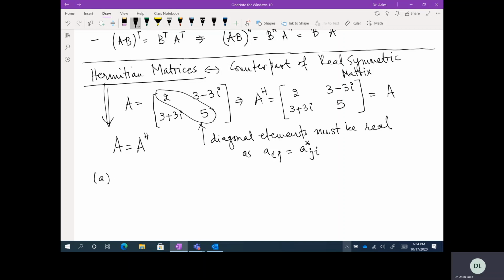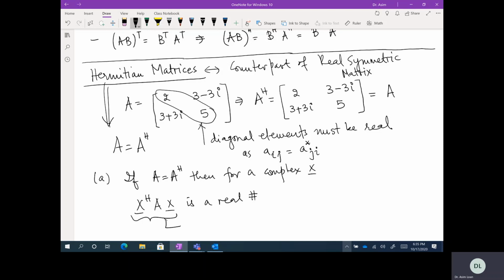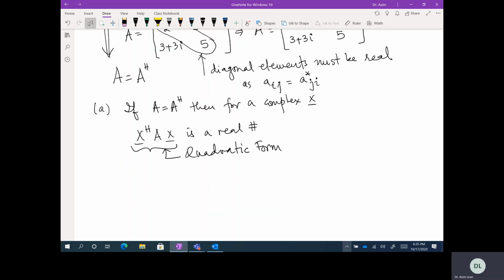So what are the properties here? If A equals A Hermitian, then for a complex vector x, x^H A x is a real number. This, by the way, is called the quadratic form. You can learn more about quadratic forms in chapter 6.